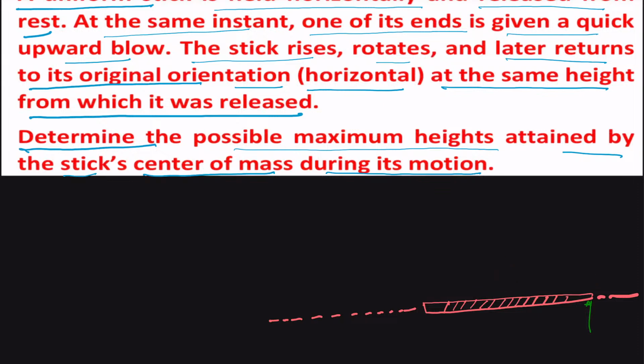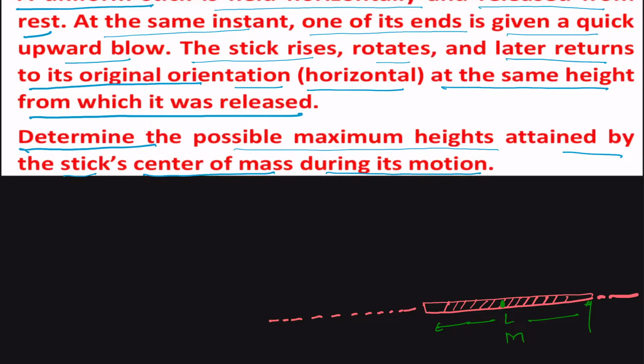So the length is capital L and its mass is capital M, and let us suppose this is the center of mass. Obviously the stick is going to translate as well as rotate, and therefore we can solve this question by using two methods.